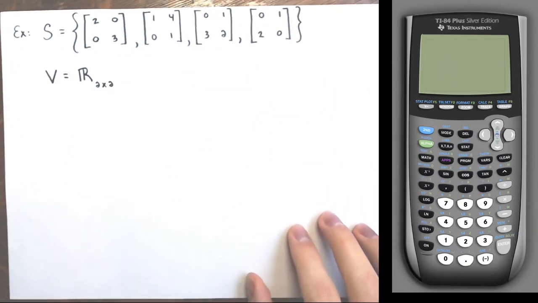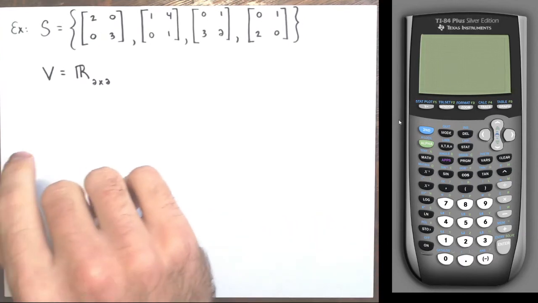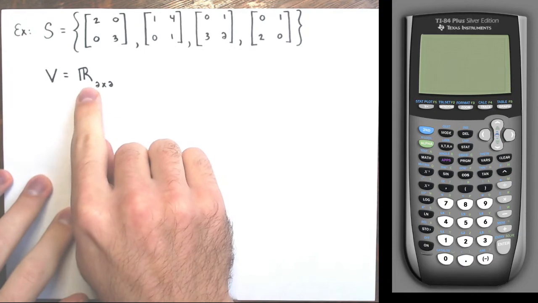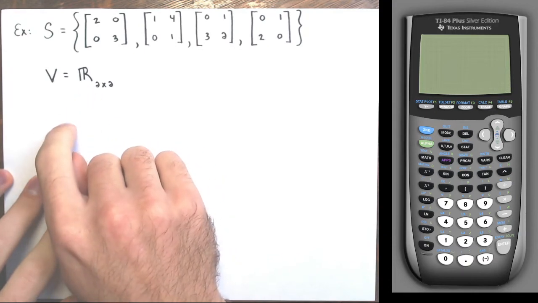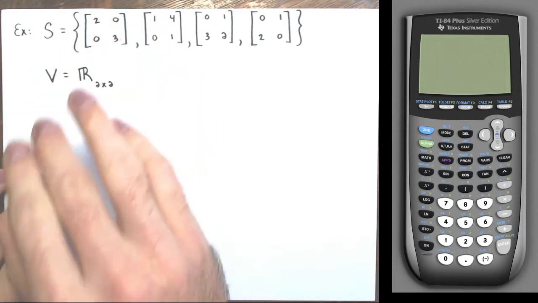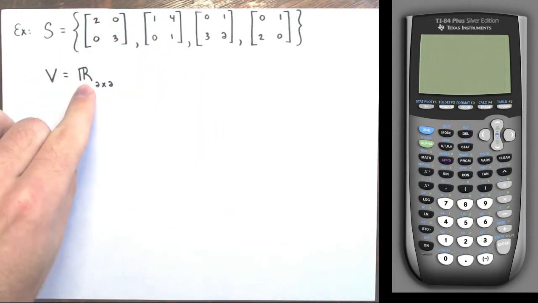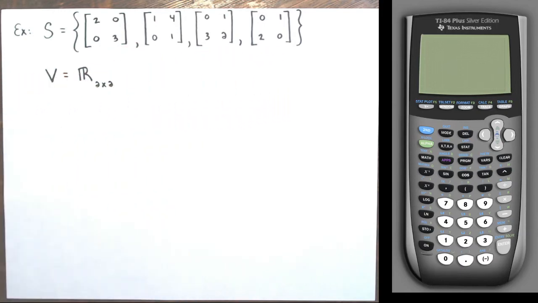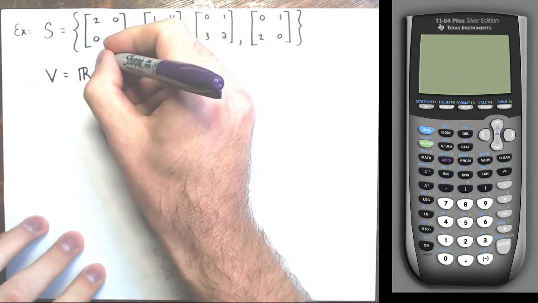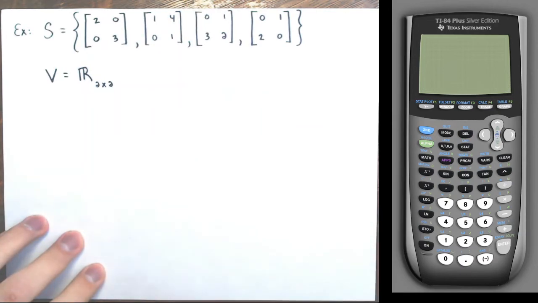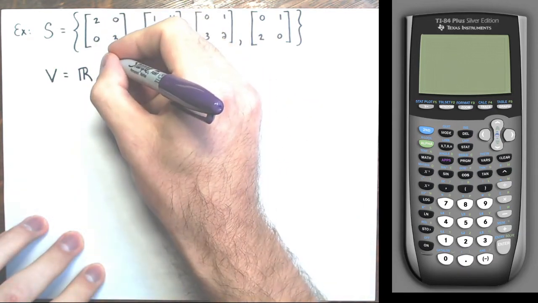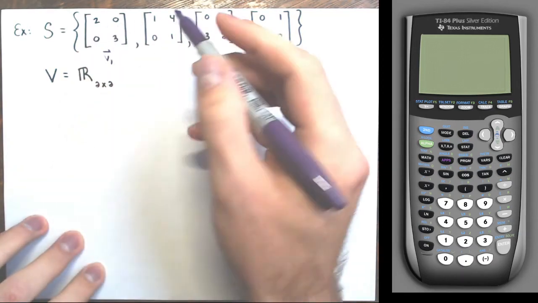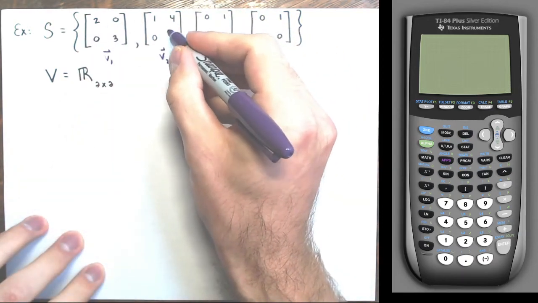So here I've got an example where my vector space is the set of 2 by 2 matrices with real entries. Now, like I said many times already, if you didn't know the dimension of this space, you'd have to check if these 4 vectors, and there are 4 vectors here, my vectors this time are 2 by 2 matrices. Vector 1 is this 2 by 2 matrix with 2, 0, 0, 3. Vector 2 is this 2 by 2 matrix.